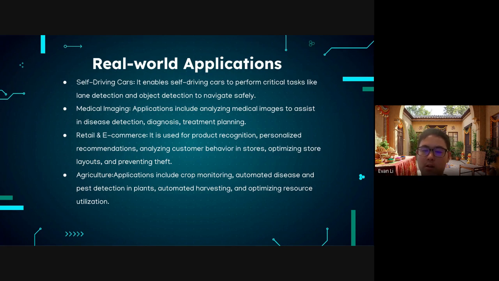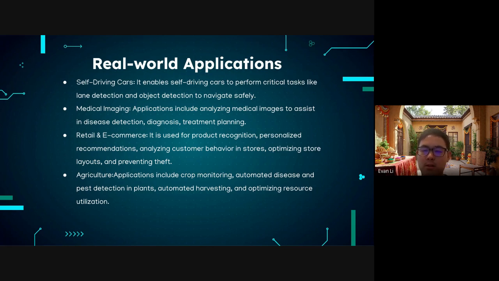Consider autonomous vehicles, a domain where computer vision is absolutely indispensable. It serves as the eyes of self-driving cars, providing them with the perceptual capabilities necessary to navigate complex environments safely.